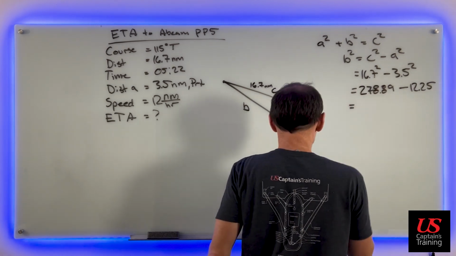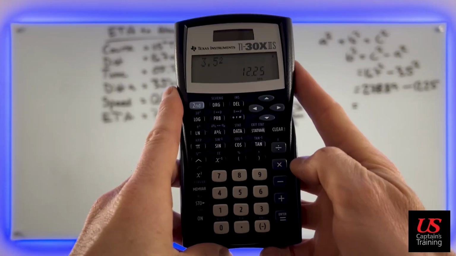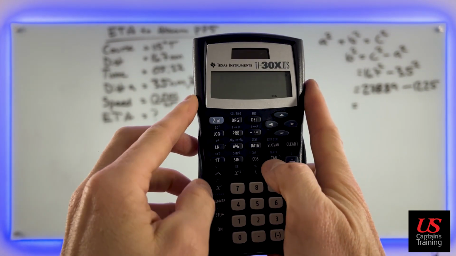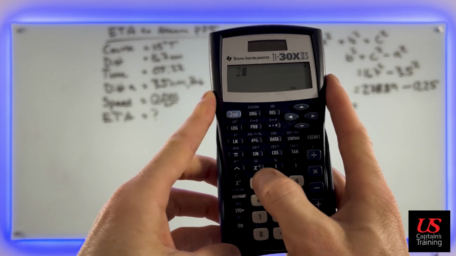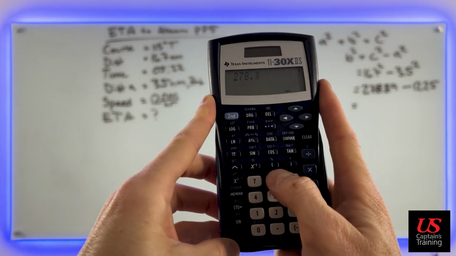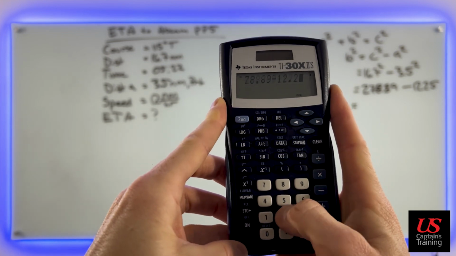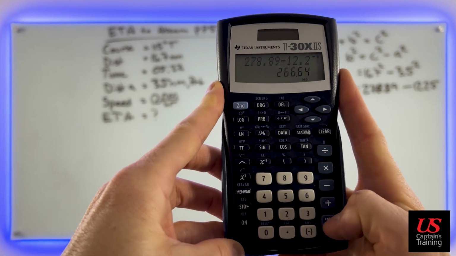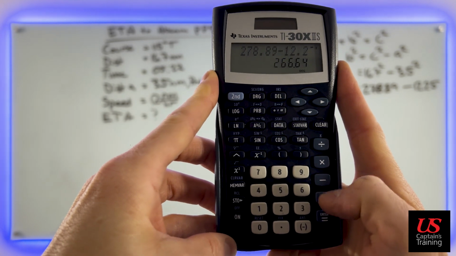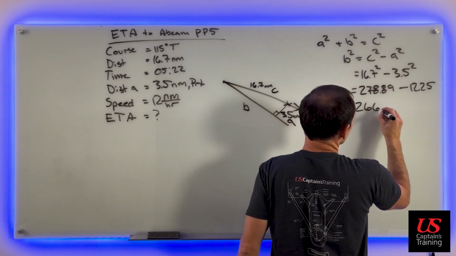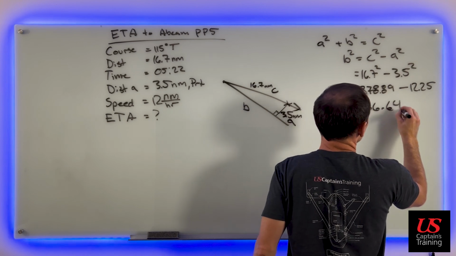So when we do that subtraction, what's that? Clear all that out. And we'll say 278.89 minus 12.25, is that right? Equals 266.64.